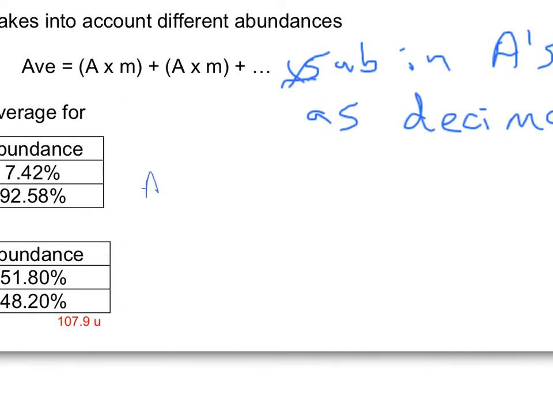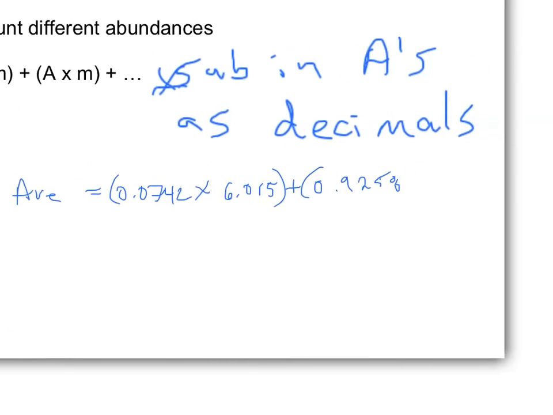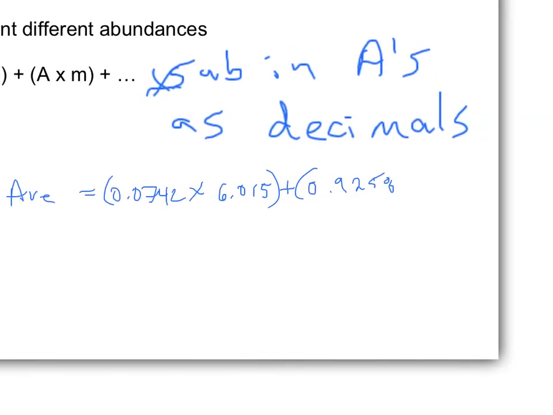My average would equal my abundance of my first isotope, but I would take my 7.42% and divide it by 100, times the mass of my first isotope, plus the abundance of my second isotope expressed as a decimal, times the mass of that isotope as well.